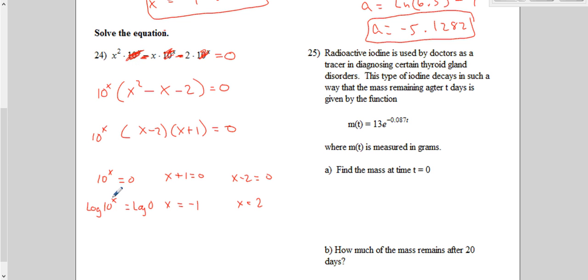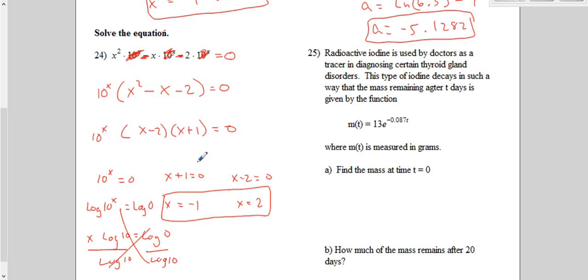But if I continue, I put my x out front, and then x times the log of 10 equals log of 0. Divide by your log of 10, and if you try to put that on your calculator, it will give you an error. So it will not work. So x equal -1 and x equal 2 are the solutions to that equation.